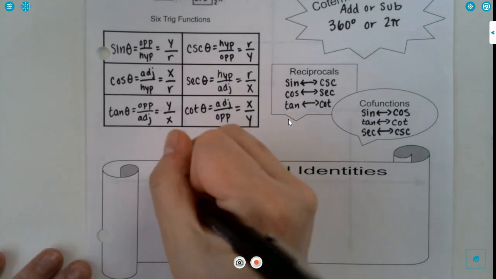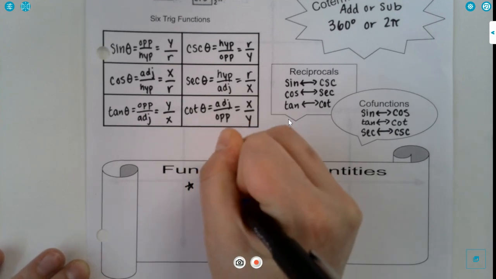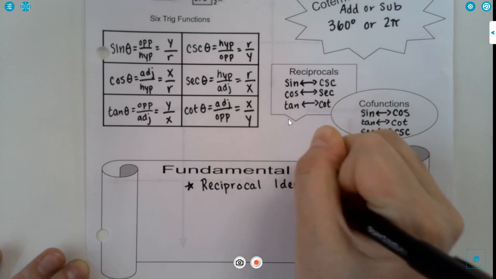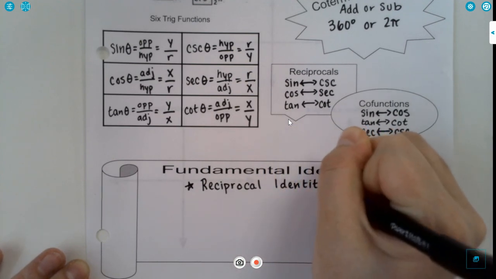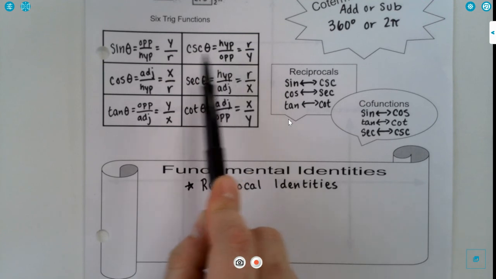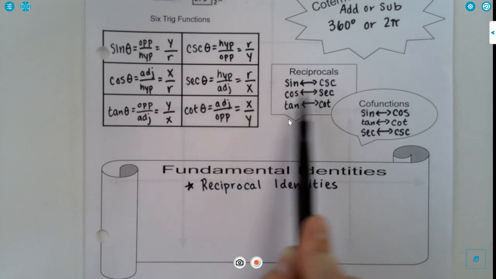So the first fundamental identity is our reciprocal identities, and we are not going to write all those down. The first thing that you need to know: sine and cosecant are reciprocals. If I know sine, I can just flip it to get cosecant. If I know cosecant, I can flip it to get sine. That's true for each of our sets of reciprocals.